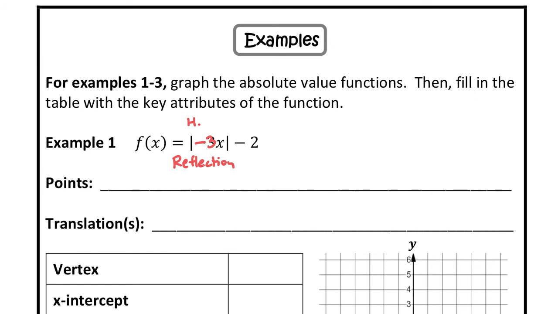But there's a horizontal, if it's greater than 3, it's going to create a horizontal compression. And there's also a reflection over the y-axis.